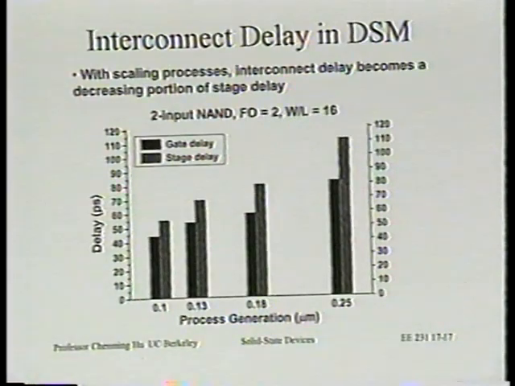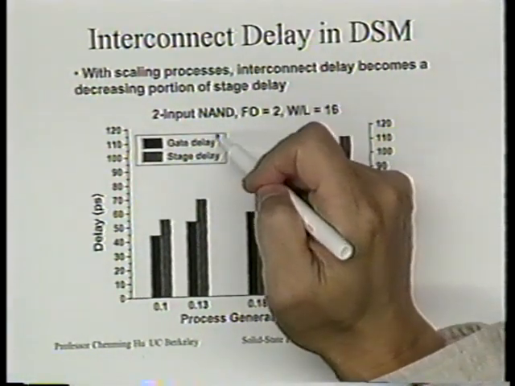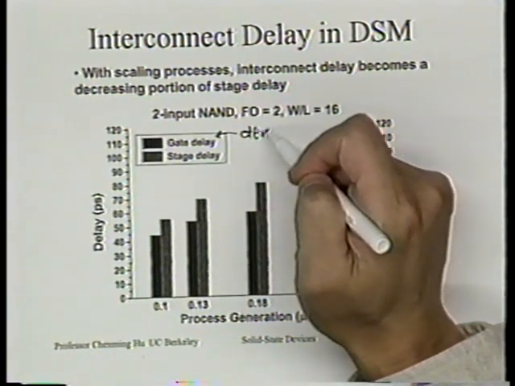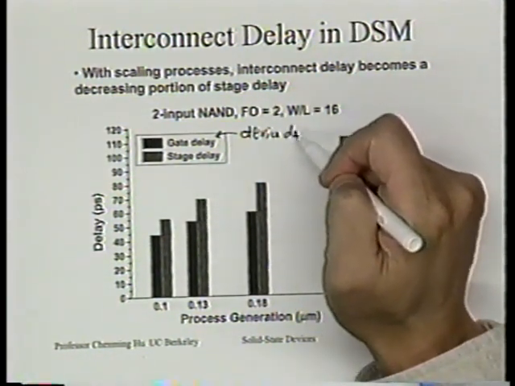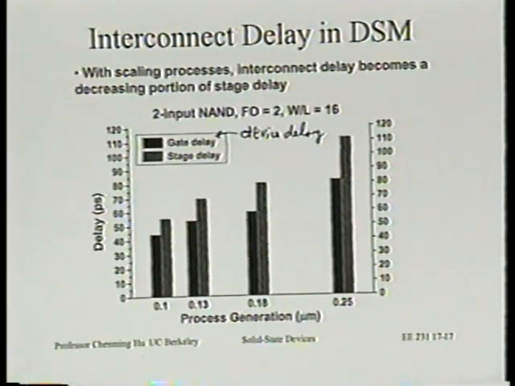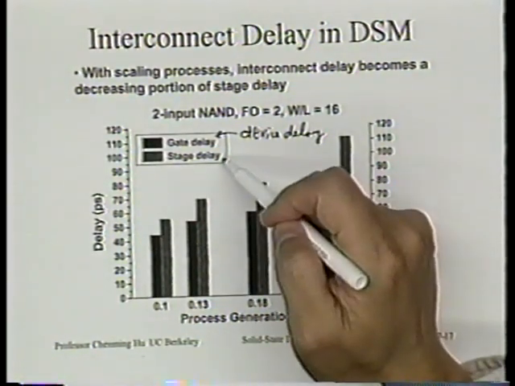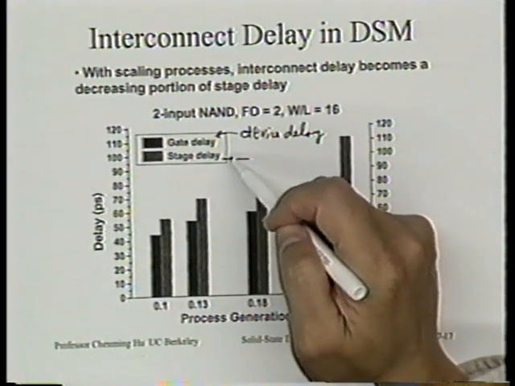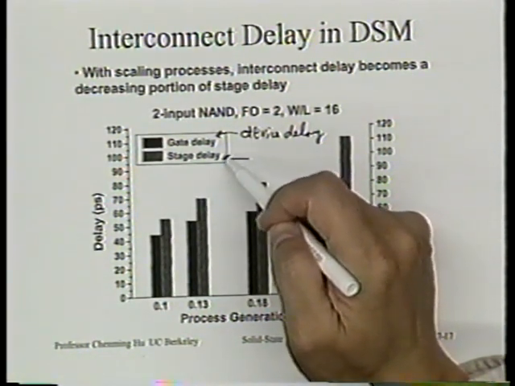Now I have to clarify what this means. Gate delay refers to the transistor delay, the device delay. If there was no interconnect, what's the delay? Stage delay means if there is an interconnect line.